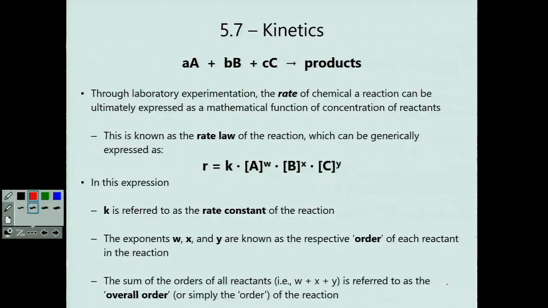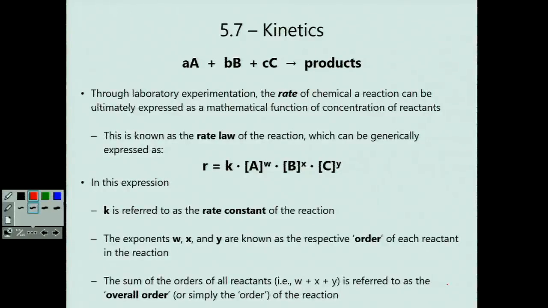Okay? So for every reaction, you can come up with what we call a rate law. That is simply a mathematical relationship between rate and the concentrations of the different substances involved in the reaction. And of course, we have a proportionality constant that we call the rate constant.